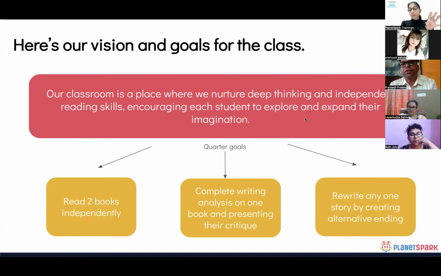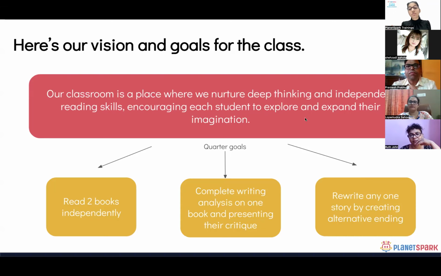Reading independently, completing writing analysis on a book and presenting their critique. Which part of the vision is this addressing? Critical thinking, because they have to present. Maybe they're reading Cinderella again, and with all those conversations we had in the last few classes, how it was not relevant to today's world.